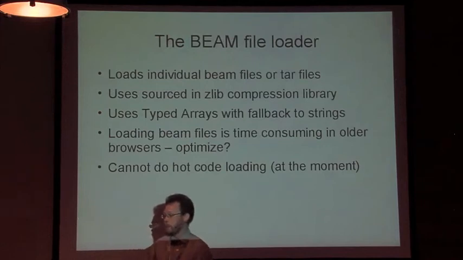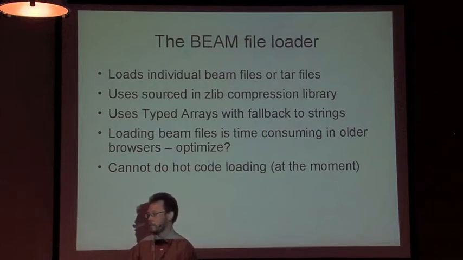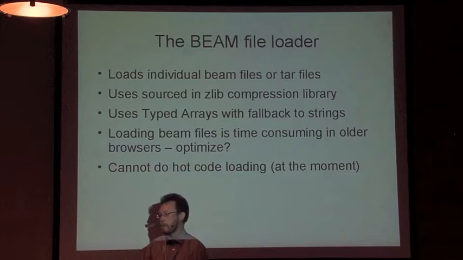The Beam file loader was slightly tricky to reverse engineer. I had lots of problems in the beginning. Anyway, as it is today, it can take an individual Beam file, or it can take a list of individual Beam files and load them one by one.